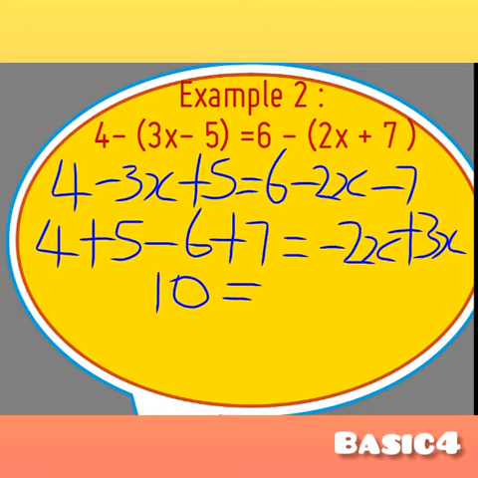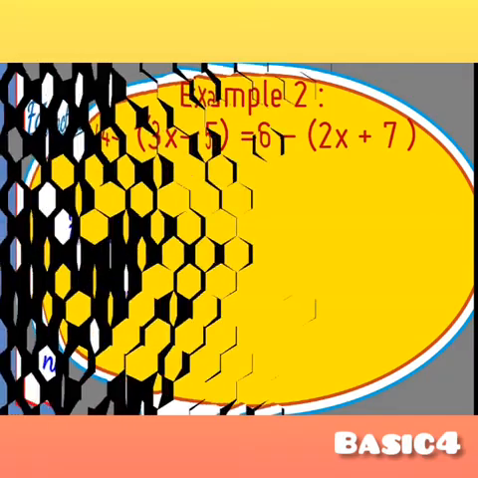Is equals, minus plus is minus. Therefore, 3x minus 2x will give us x, positive x, because the sign in front of the bigger number is positive. Thus, the missing number is x. x is equals 10. Have you seen that? Beautiful.